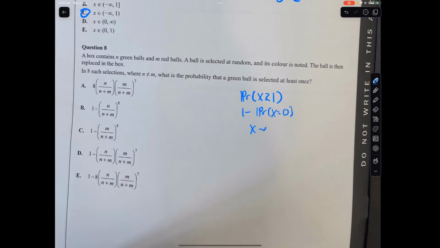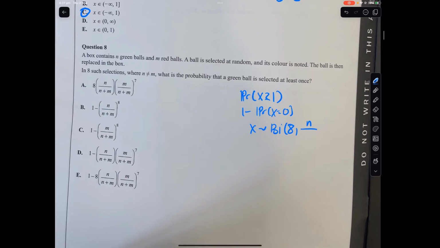Let's say x is binomial, so there's 8 selections, and what is the probability of getting a green ball, which is just n over the addition of both of them, n plus m. So what's the probability of x equals 0?